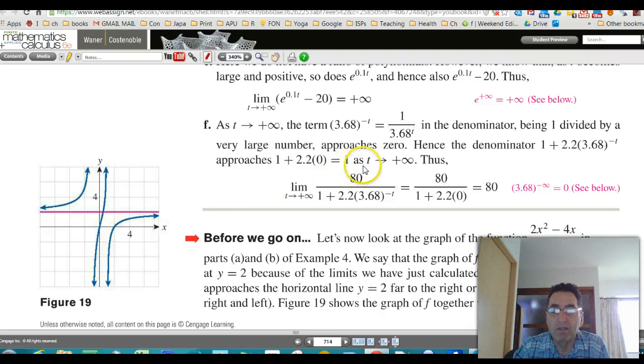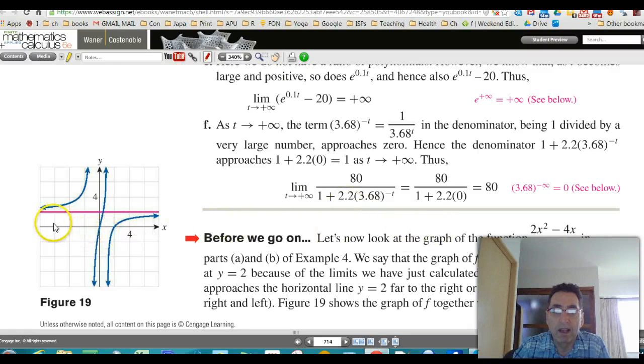So we want to find out these values, like as you go to the right, is it approaching something? If so, what is it? And same thing to the left. So those questions are asked by saying as x approaches infinity. In this case, it's not x, it's t, but as x approaches infinity, or as x approaches negative infinity, we want to answer that question.